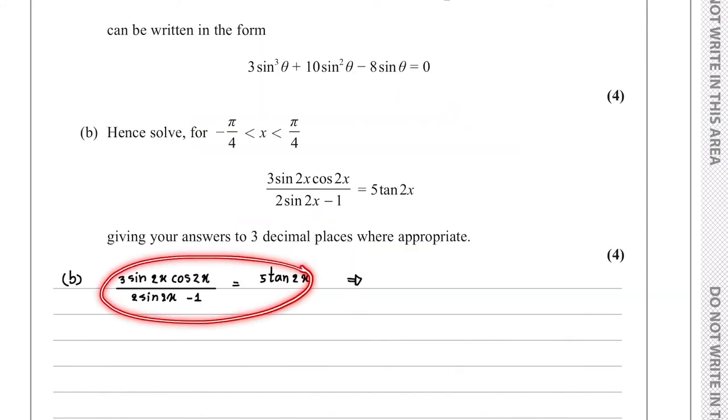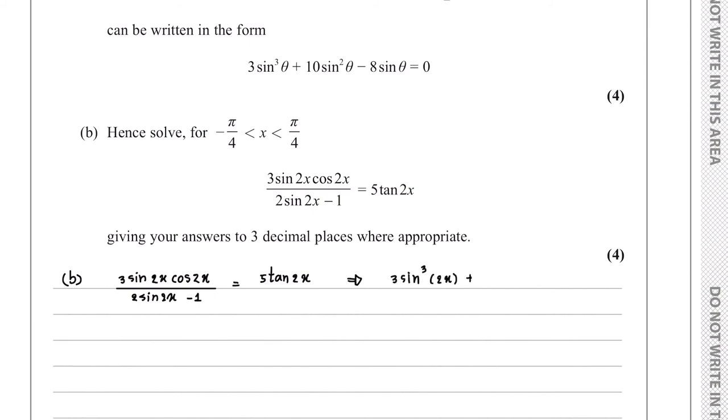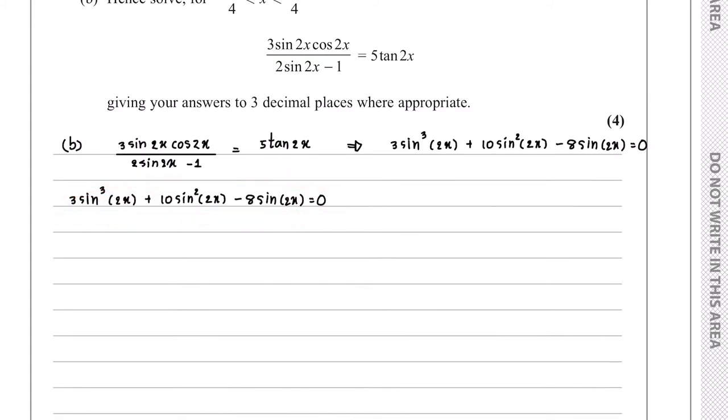So we can rearrange this equation into this form, which is 3 sine cubed of 2x plus 10 sine squared 2x minus 8 sine 2x equals 0. To solve this equation, we have to factorize sine 2x. So sine 2x times 3 sine squared of 2x plus 10 sine 2x minus 8 equals 0.